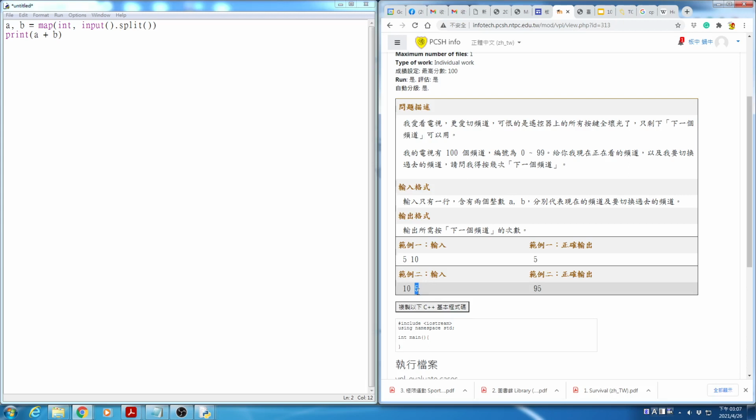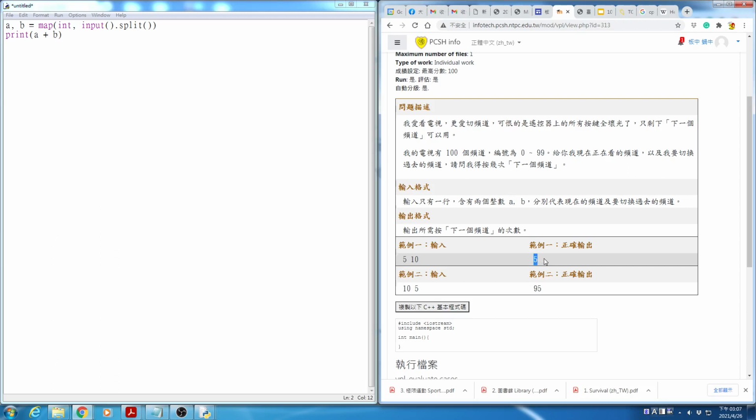What if you use this number to subtract? Use 5 minus 10. You will actually get negative 5, right? So what do you do? You plus 100, right? But if you add 100 to the result, this 5 will become 105.